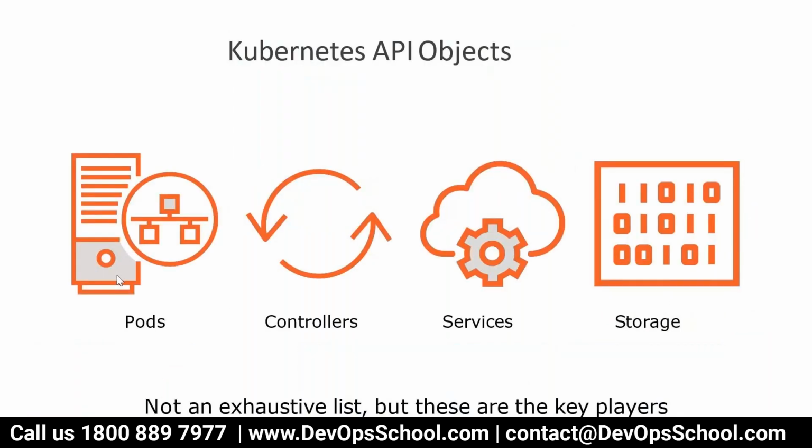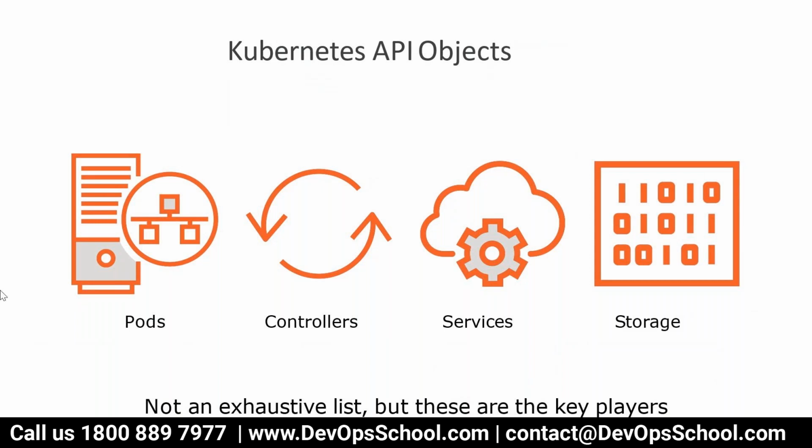In Kubernetes, the API objects are the fundamental services. You can say pod. Pod is like a compute unit where you can run your container. Controllers, like replication controllers, run multiple pods. Services mean load balancer, storage. These are not the only objects you have.